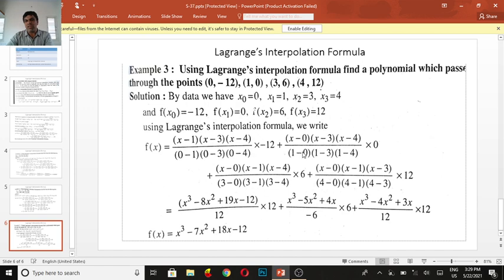Substituting into Lagrange's formula for f of x. Here x is not given, so we want to express it coordinate-wise in the form of a polynomial.